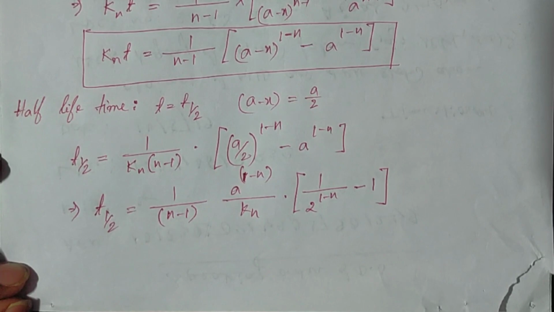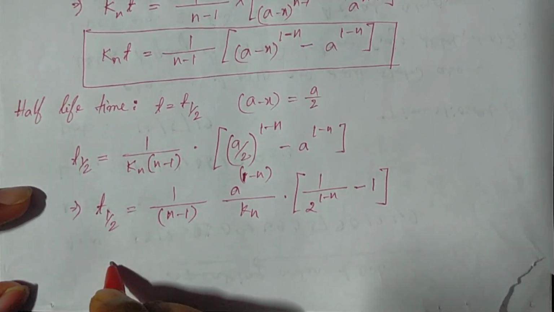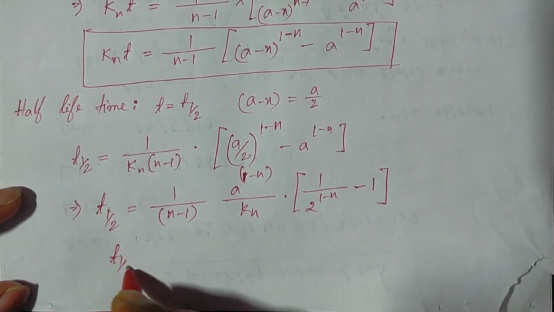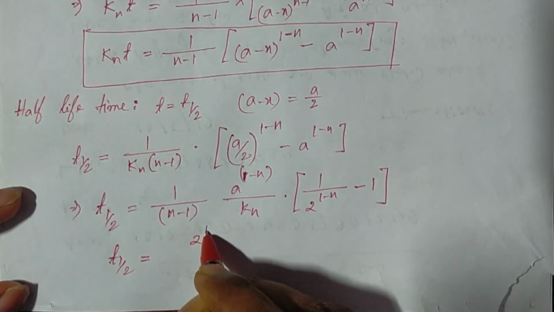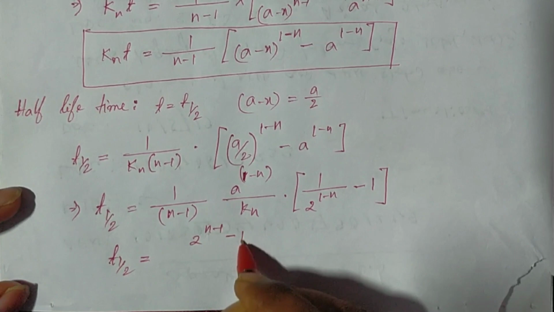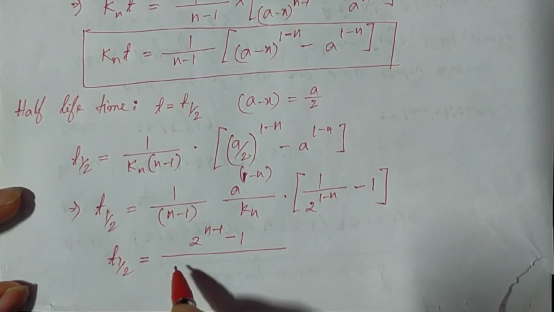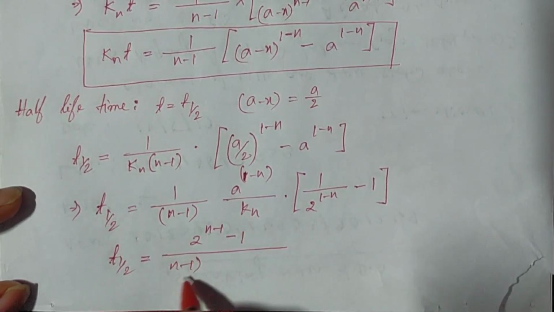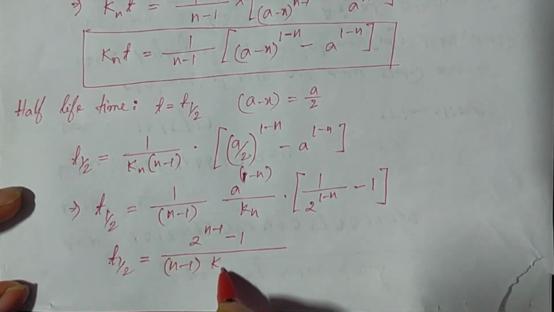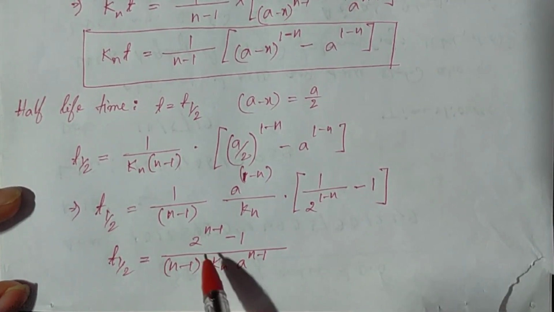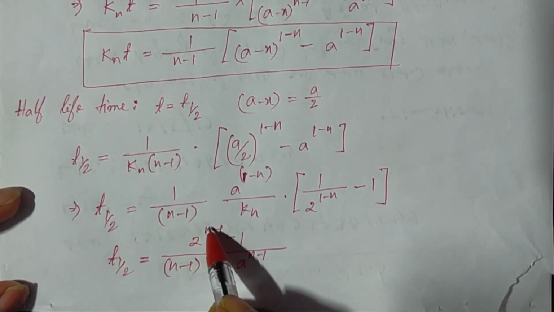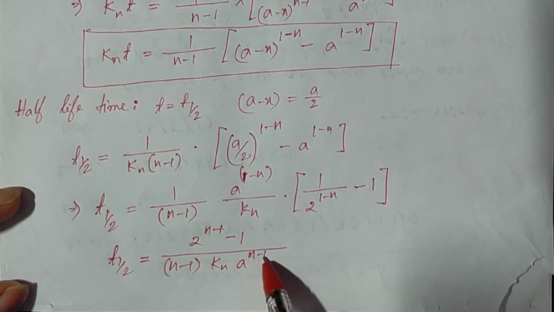Okay, or we can write t half is equal to (2 to the power n minus 1 minus 1) divided by (n minus 1) kn a to the power n minus 1. Here you can see that the power of 2 is n minus 1, and here it is n minus 1.